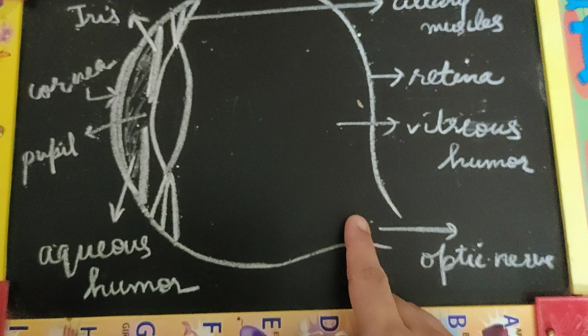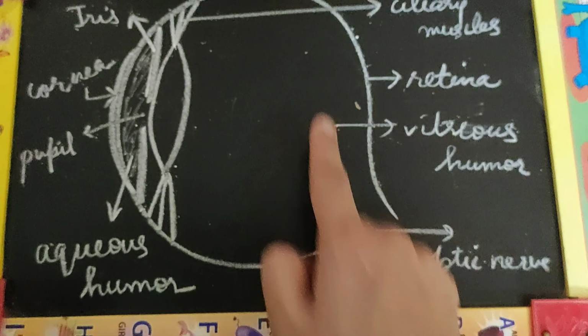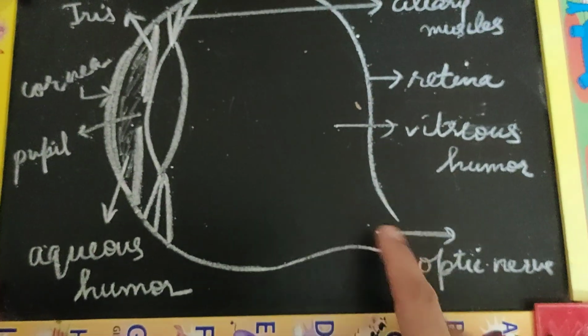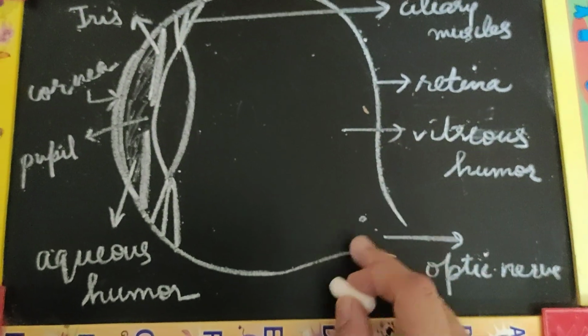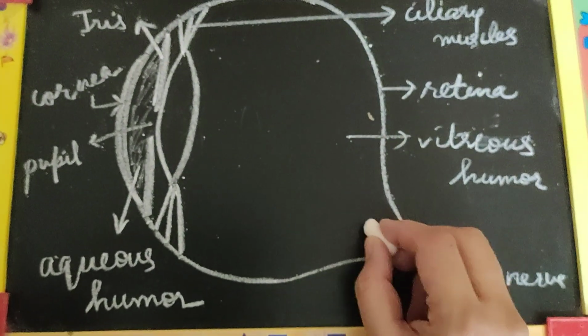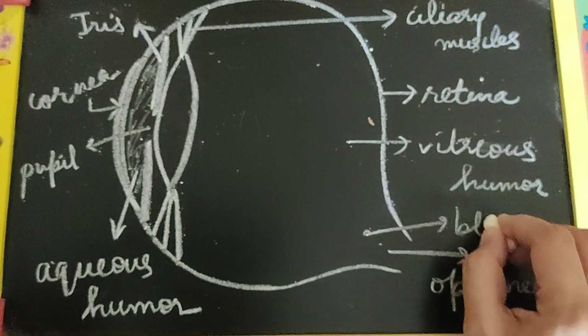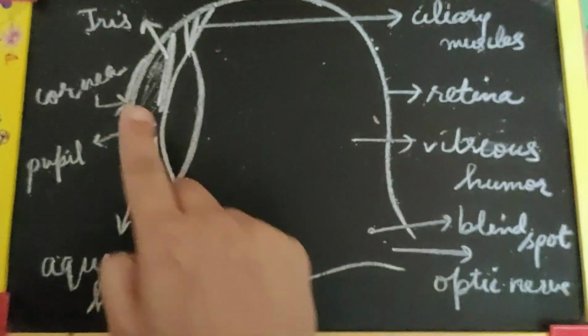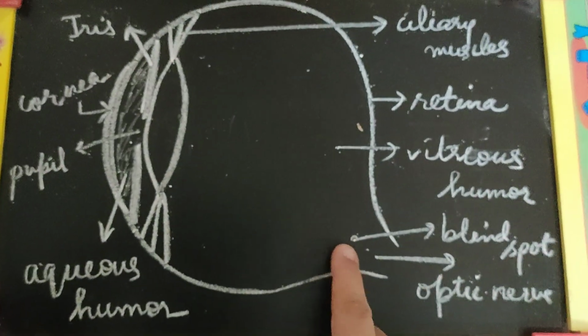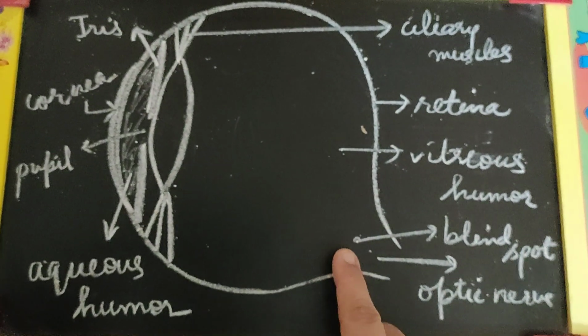The junction where all these nerve endings are going to the brain, this junction where there is no photosensitive film, no nerve ending is there, this junction is known as the blind spot. If any light ray falls on this spot, it won't be interpreted by us. We won't be able to see that.